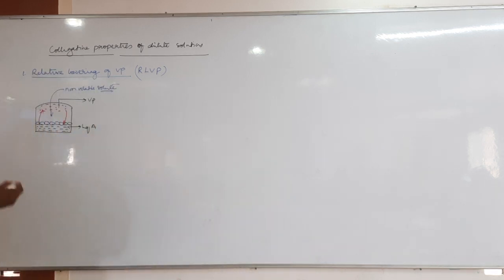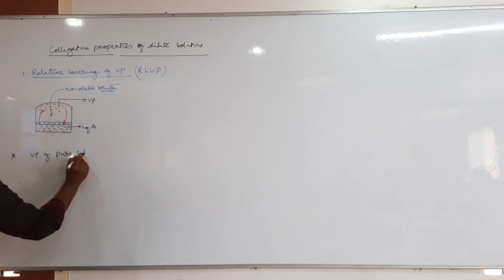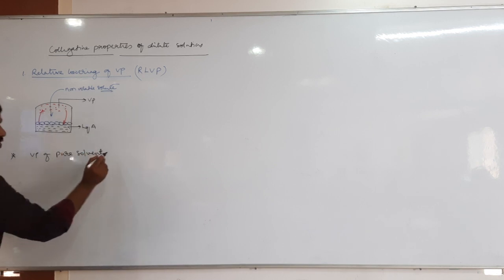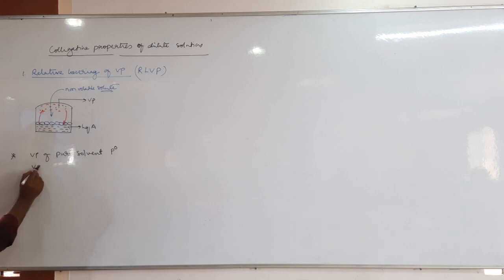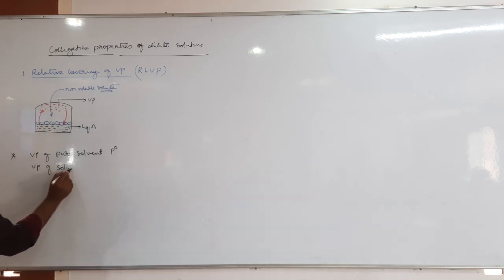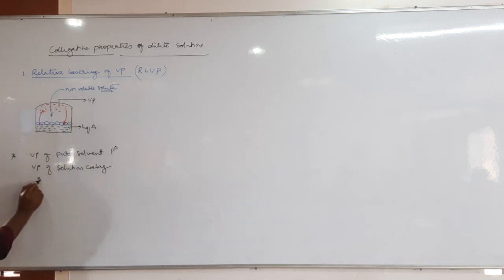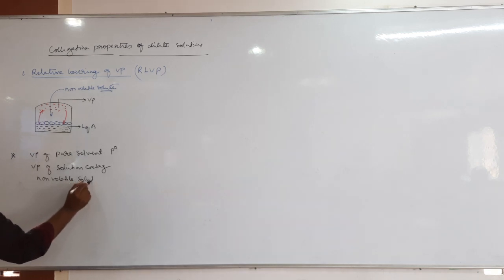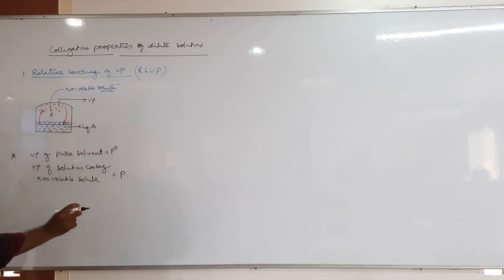Now let the vapor pressure of the pure solvent be P0, and the vapor pressure of the solution containing non-volatile solute be P. Now tell me, among P0 and P, which is greater?